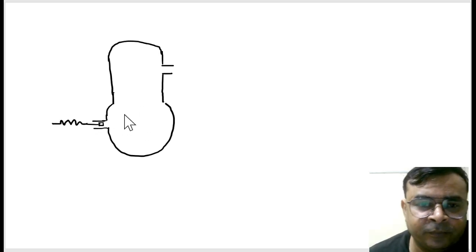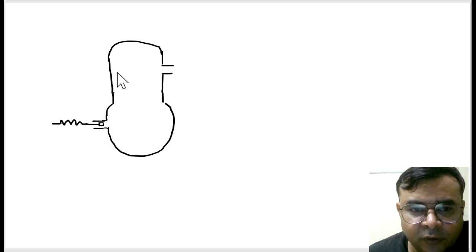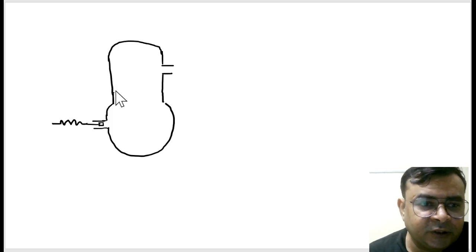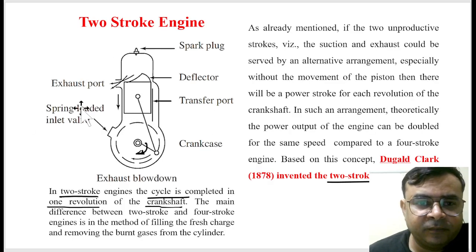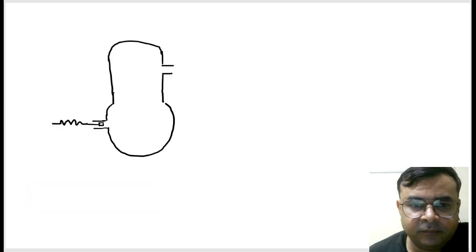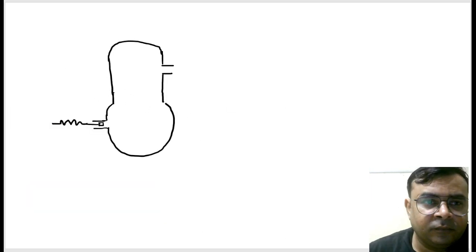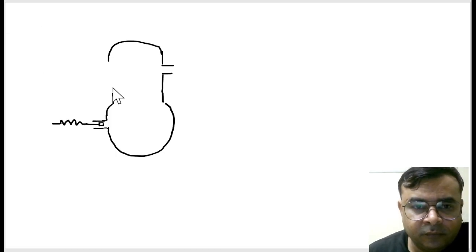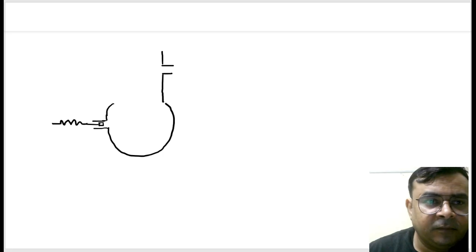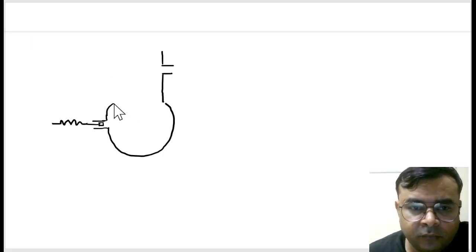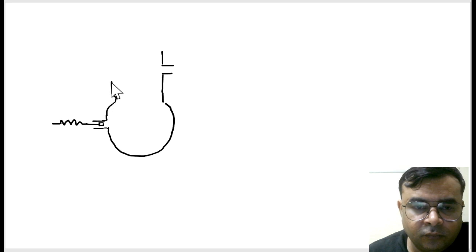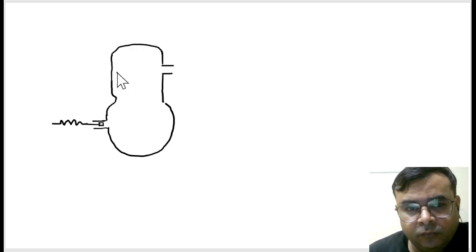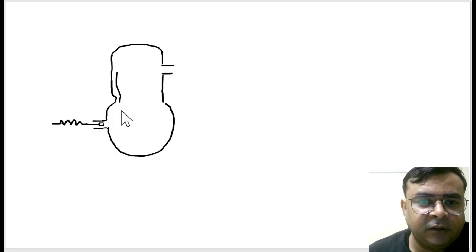This is the spring-loaded valve, and of course in this you also provide a port. You can see this opening here.